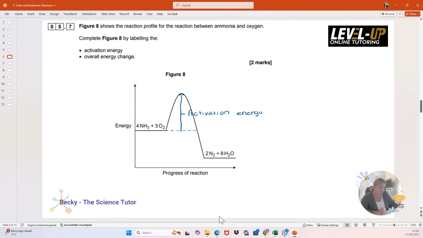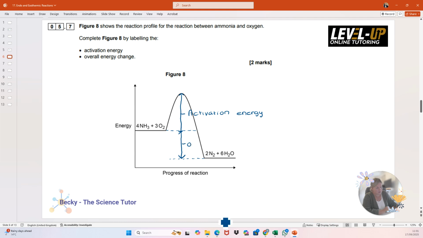And our second one is to label the overall energy change. Well, we had to put that much energy in first to get to the peak of the graph, but then we're given that back out. So the up and the down bit, overall, there's no change. So our overall change, if we just track that across so we can see where we're at, would be from where we started down to our products.